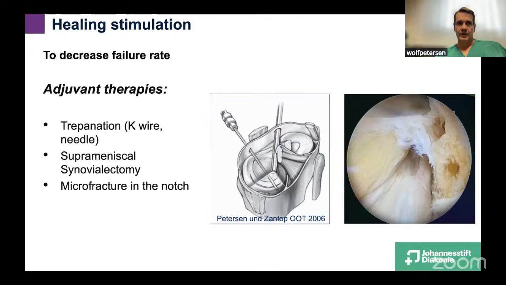And to improve the healing rate or decrease the failure rate, we have several adjuvant therapies or procedures such as trephination of the meniscus with a K-wire or a needle, a suprameniscal synovectomy, or also a microfracture in the notch to stimulate bone marrow cells to come out into the joint to induce a healing environment for the meniscus.